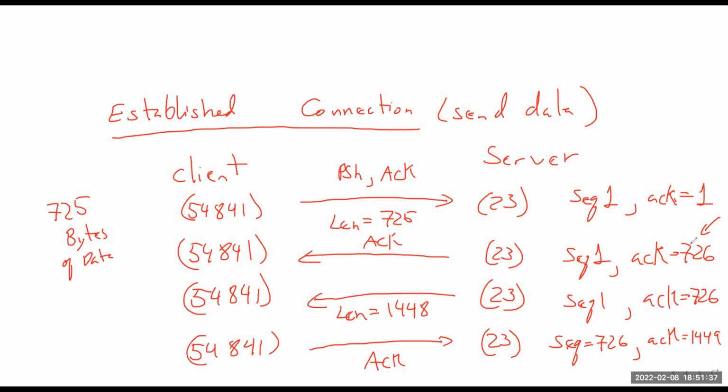They actually go to the trouble of telling you. But the basic idea is this: you were at one sequence number, you sent 725, so the next sequence number would need to be 726. If you guess that number, you'd be able to insert your command in there. Any other questions?